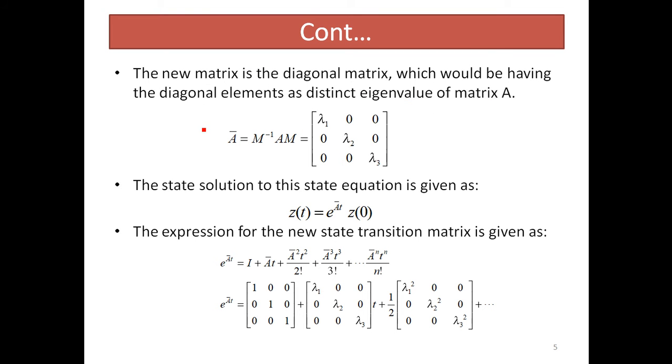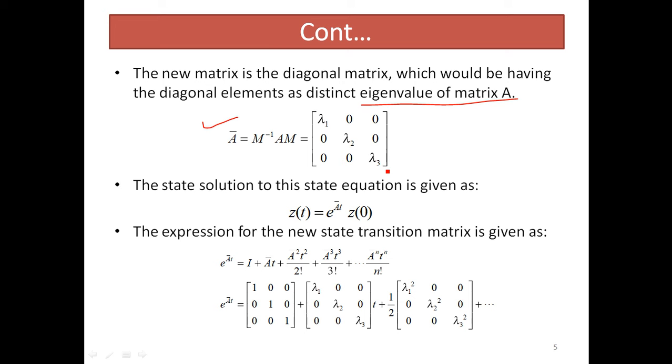This diagonal matrix would have the eigenvalues of matrix A, and its form would be lambda 1, lambda 2, lambda 3 as the diagonal elements of the system matrix A bar, which is obtained using the diagonalization method.